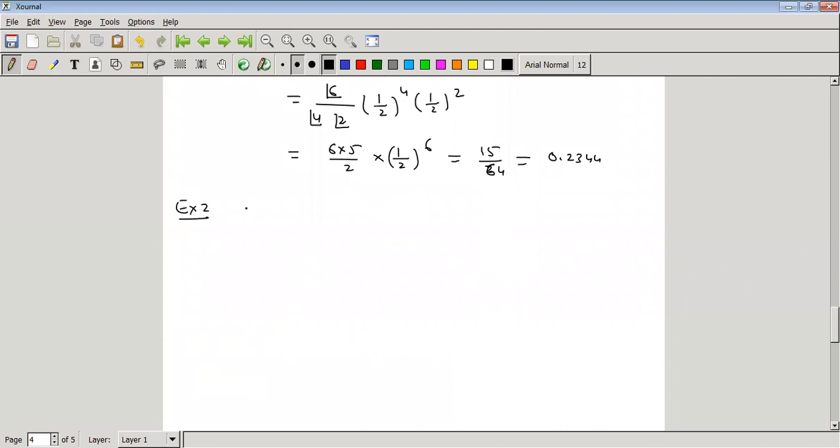Example 2: 10 coins are thrown simultaneously.